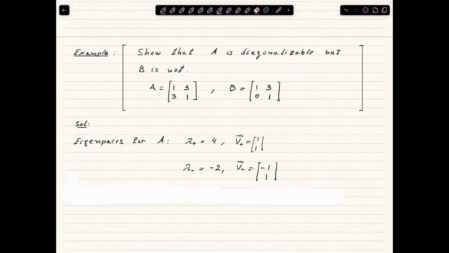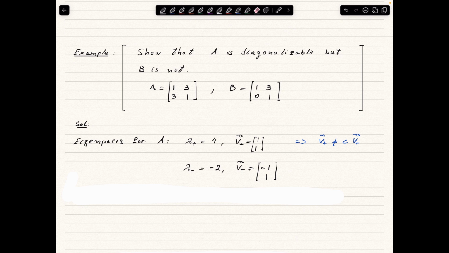First, the diagonalizable matrix. Well, we already know this matrix is diagonalizable because it has these eigenpairs, and these vectors, v plus, we have seen, is not proportional to v minus.